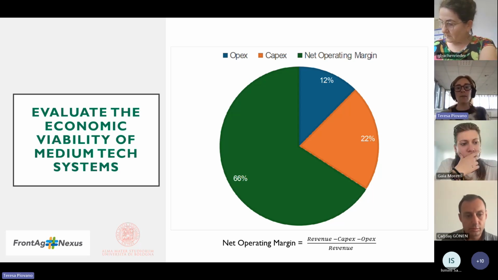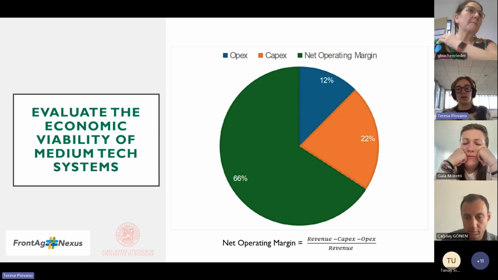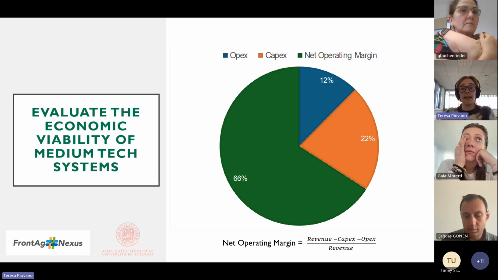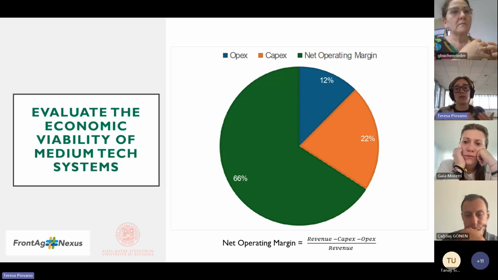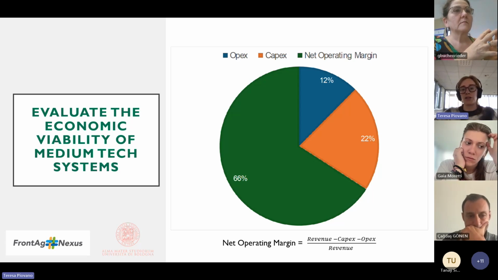Then we have the OPEX. OPEX is short for operational expenditure, and it refers to the ongoing costs required for the day-to-day running of my business or system. So it includes utilities, like the cost for electricity and heating, the labor, so the wages for the employees who manage and maintain the greenhouse, and the supplies, like the cost for seeds and fertilizers. And then we have the net operating margin.